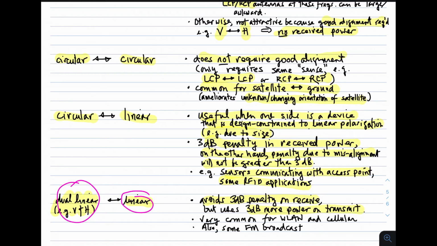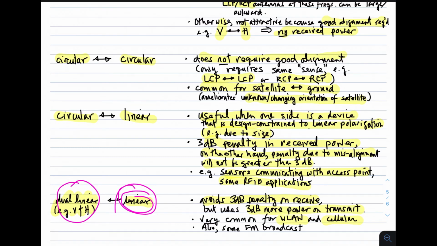So this is actually quite common. You see this quite often in wireless LAN applications and in cellular telecommunications, where there is transmission in both polarizations, well supported by modern technologies such as MIMO, where you have lots of antennas, so you can have lots of polarization states. And then it accommodates a simple handset, which might just have linear polarization.